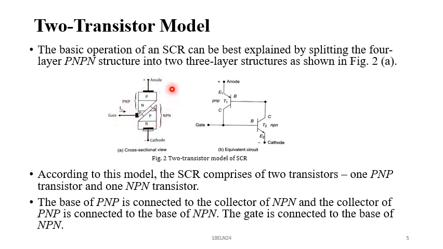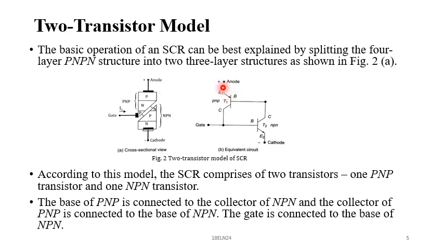This is a cross-sectional view of the SCR using a two transistor model. Now the equivalent circuit is given here. This is the circuit symbol for a PNP transistor, and this is the circuit symbol of an NPN transistor. This terminal is the anode. The terminals of the transistor, whether NPN or PNP, are the emitter, base and collector.